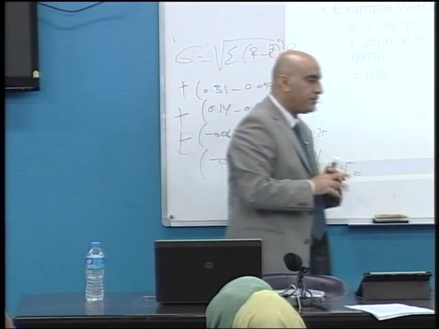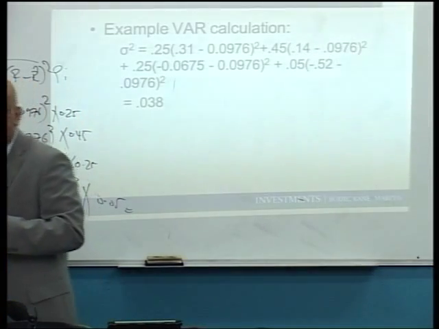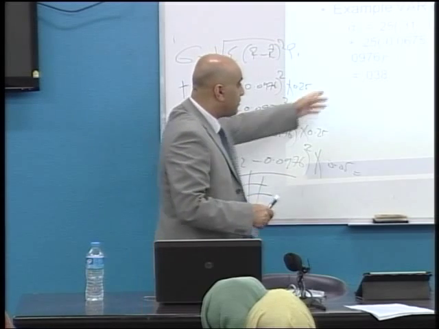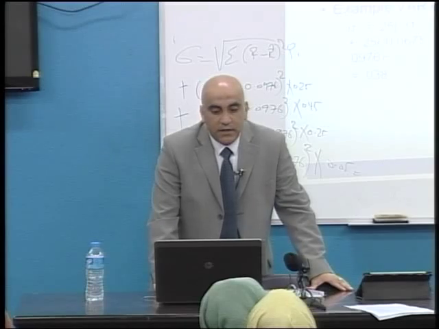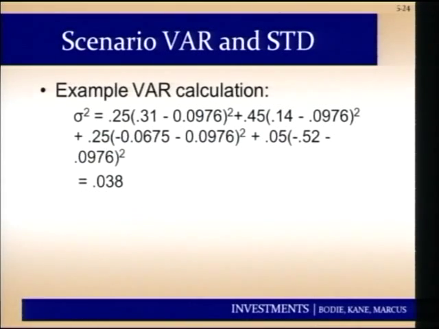If sigma is located below 1, it means the return of this stock follows a normal distribution. Okay? Pay attention, please, here. If the output of sigma is less than 1, it means the return of this stock or this security follows a normal distribution.